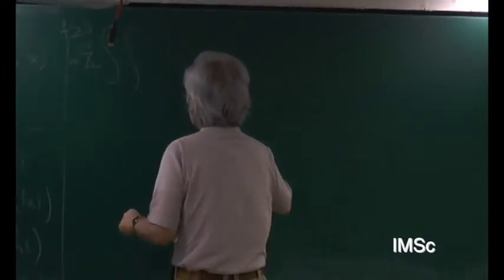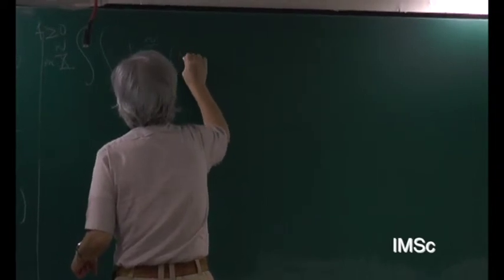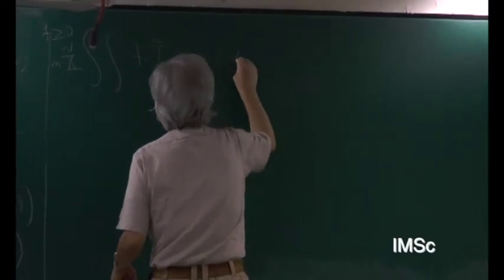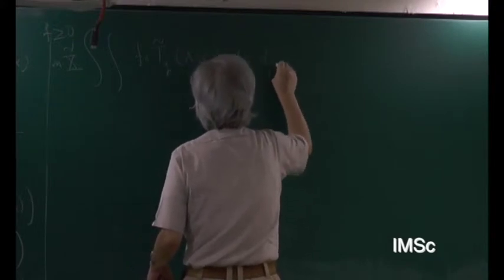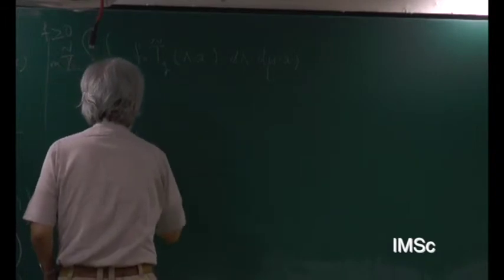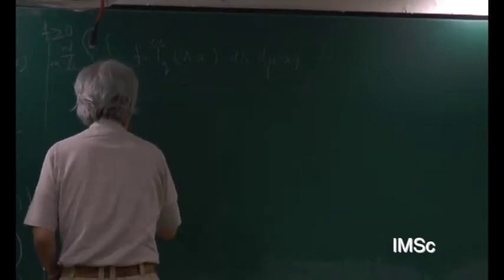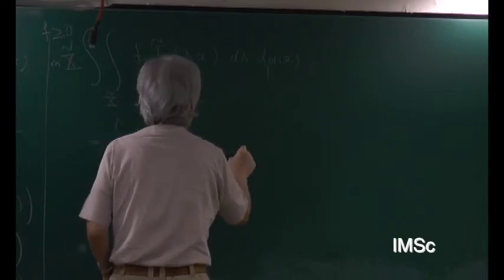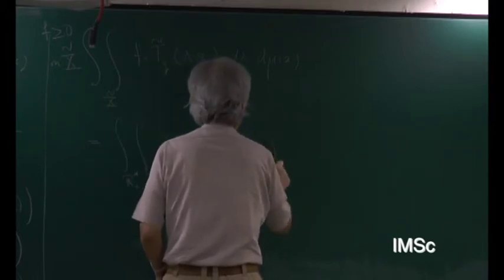So the integral of f of T g tilde of (lambda, x) d lambda d mu x is first over x and then over R plus of f of rho g x lambda, g x.